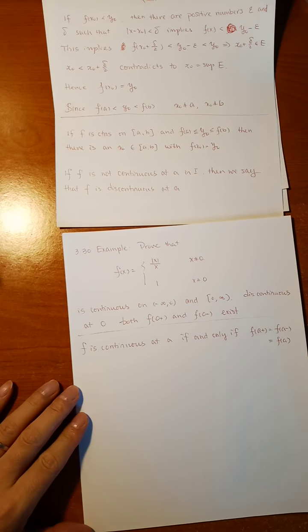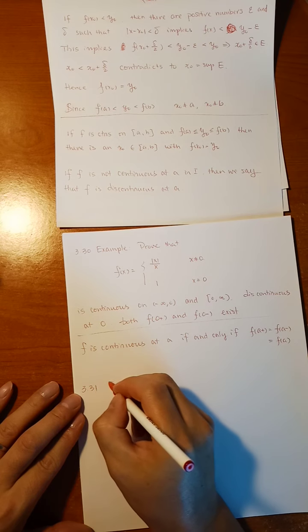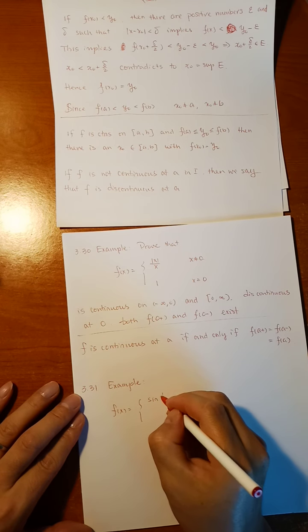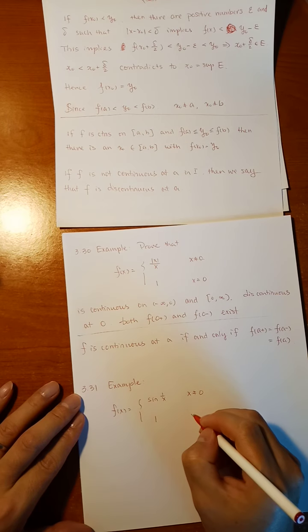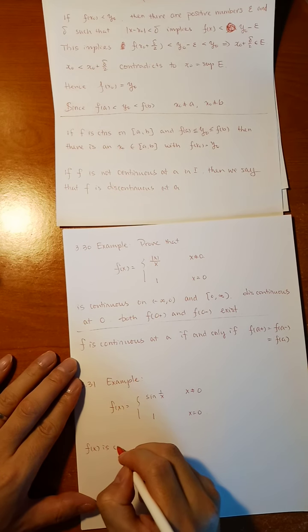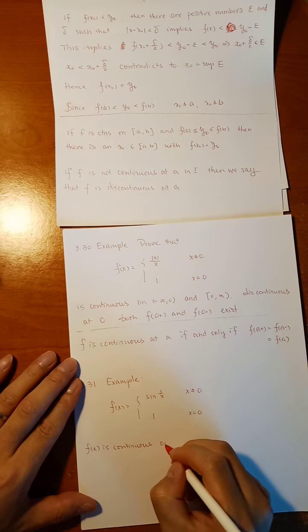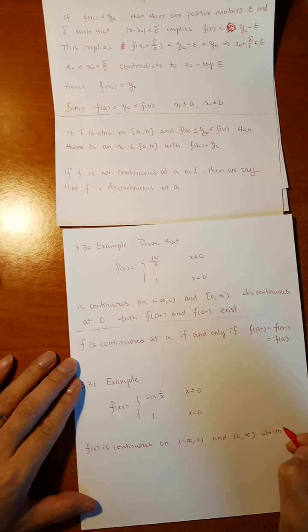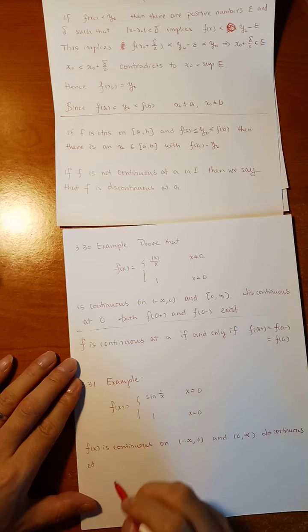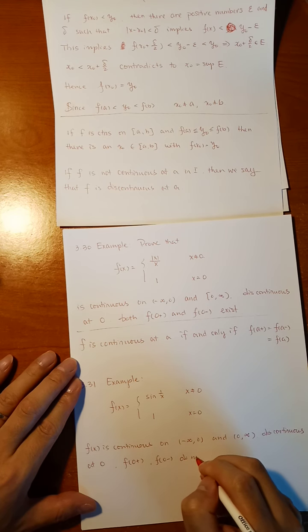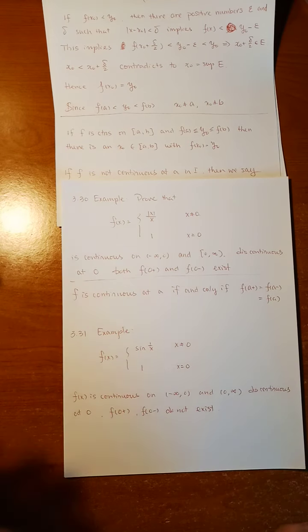And of course, the book tries to give us more examples. f(x) is sine of 1 over x, and we can say f(x) is continuous on negative infinity to 0 and 0 to positive infinity, discontinuous at 0, but f(0+) and f(0-) do not exist.